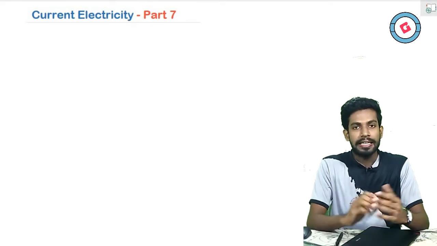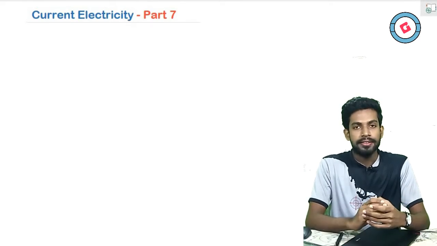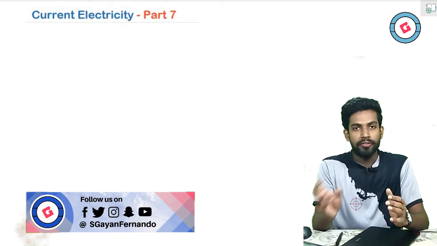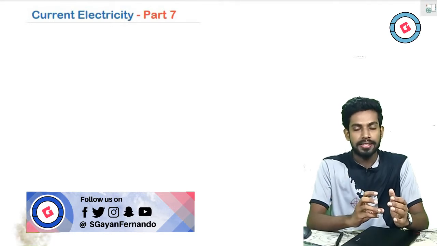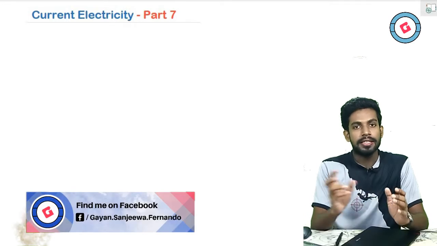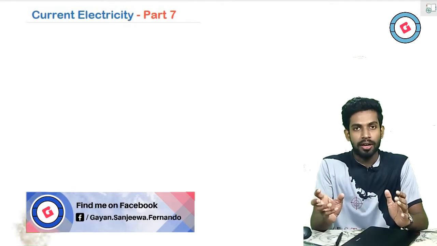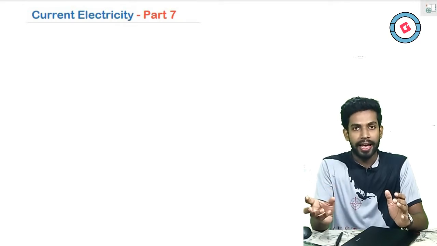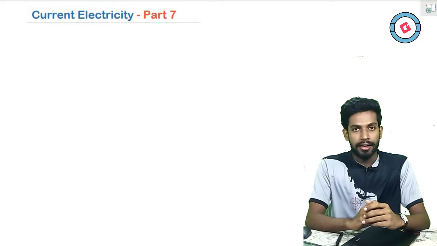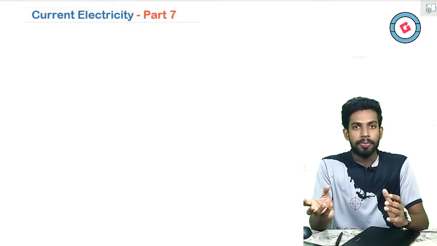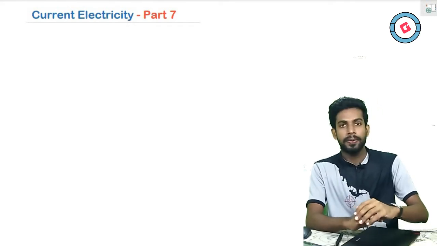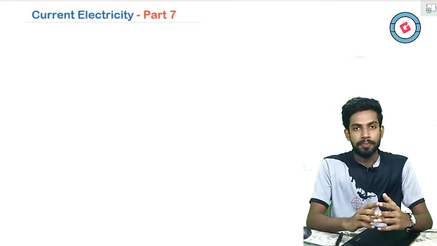Firstly, we are going to talk about electric power, then electric energy, then the relationship between the load resistor and the electric cell's internal resistor when the electric power dissipation across the external load is at its maximum, and finally the efficiency of an electric load. So let's start with electric power.